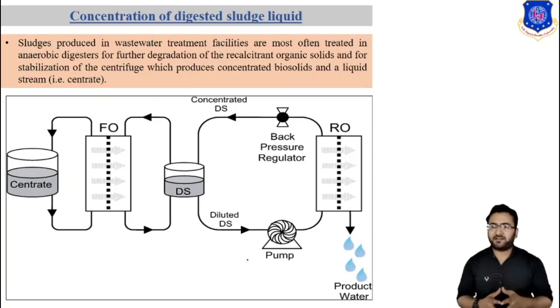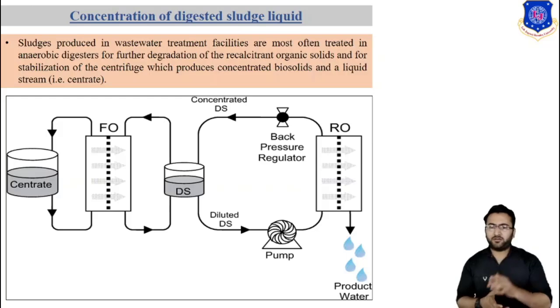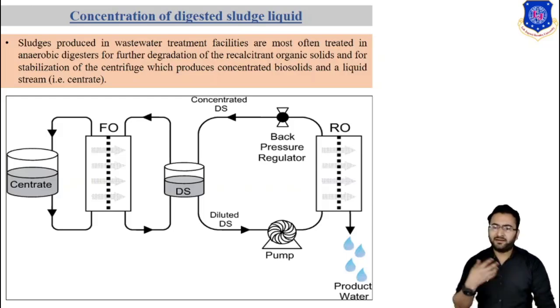Now let us discuss the concentration of digestate sludge liquid. Sludge produced in wastewater treatment facilities is most often treated in an anaerobic digester for further degradation of recalcitrant organic solids and for stabilization, followed by centrifuge, which produces concentrated biosolids and a liquid known as centrate.